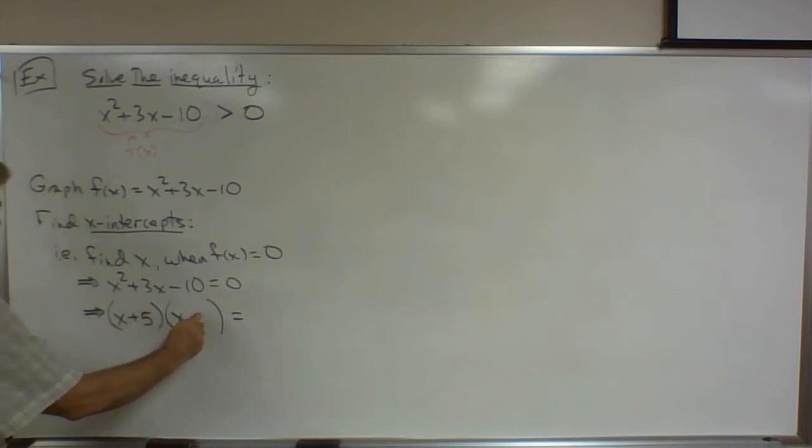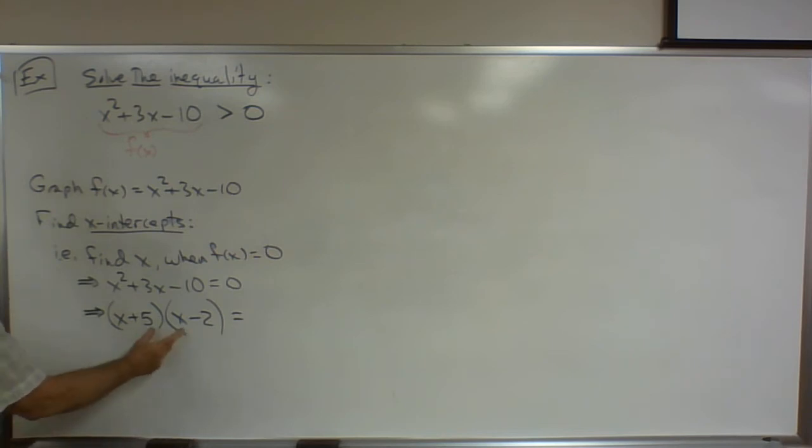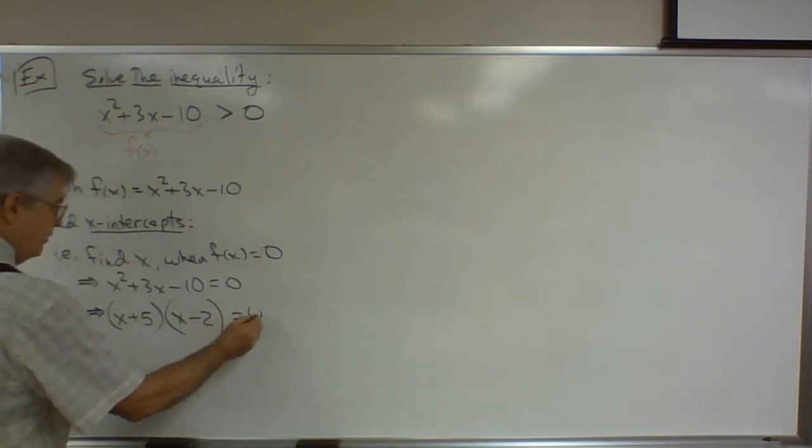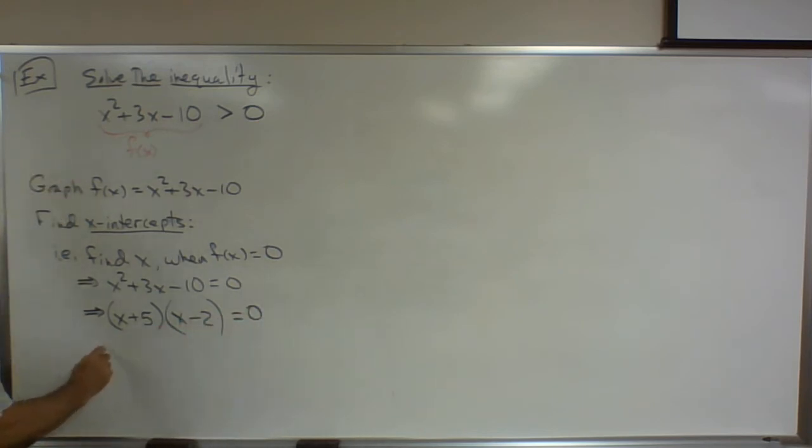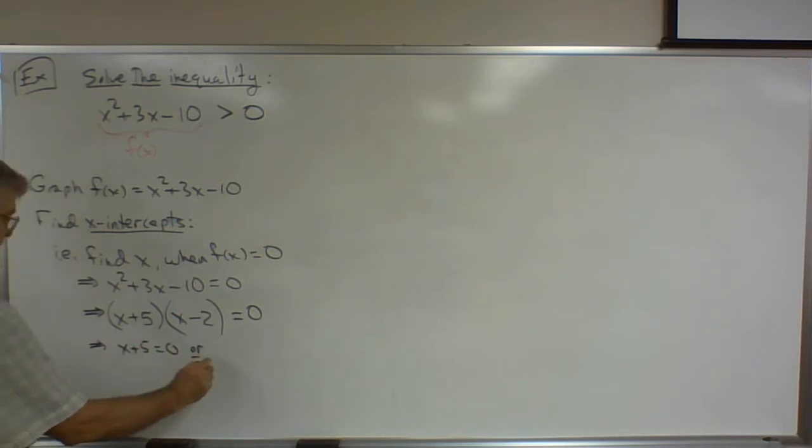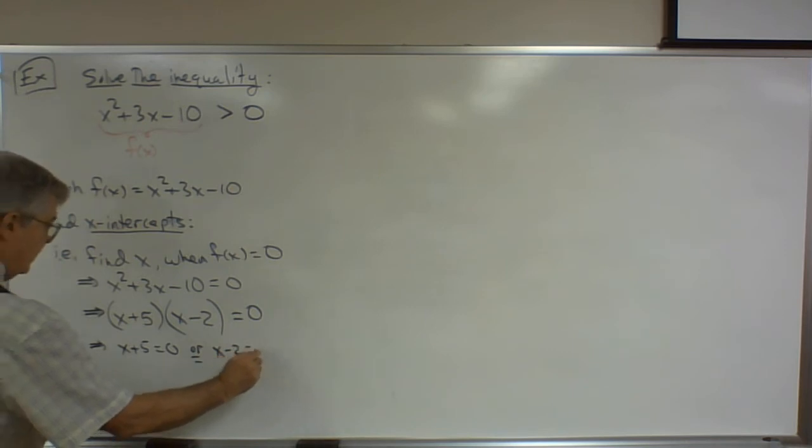Plus 5, negative 2, I think that's it. We get plus 5x minus 2x is 3x. And 5 times negative 2 is 10. Perfect. So we have x plus 5 equals 0, or x minus 2 equals 0.